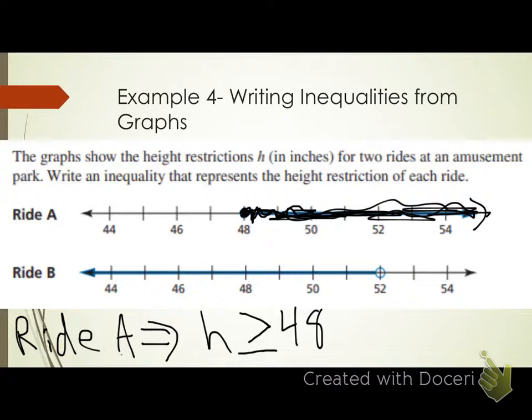So h is greater than or equal to 48 for ride A. So I'm going to put that over here next to ride A. H is greater than or equal to 48. What that's saying is, for ride A, you need to be 48 inches or taller to be able to ride the ride.